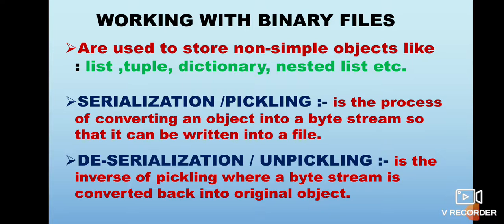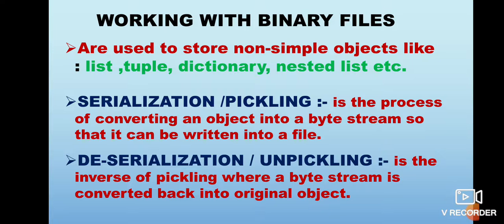So these objects need to be first converted from their original form into a byte stream, and then they are written on a binary file. So this process of converting an object into a byte stream is called serialization or pickling.